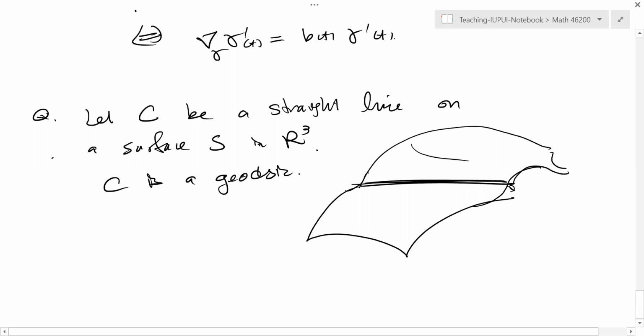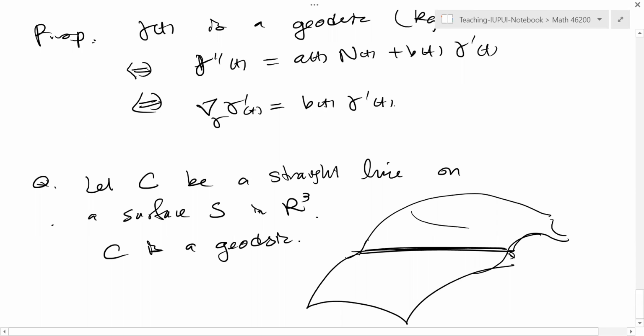How do you prove that? The geodesic curvature must be 0, so you just need to verify one of these two conditions.